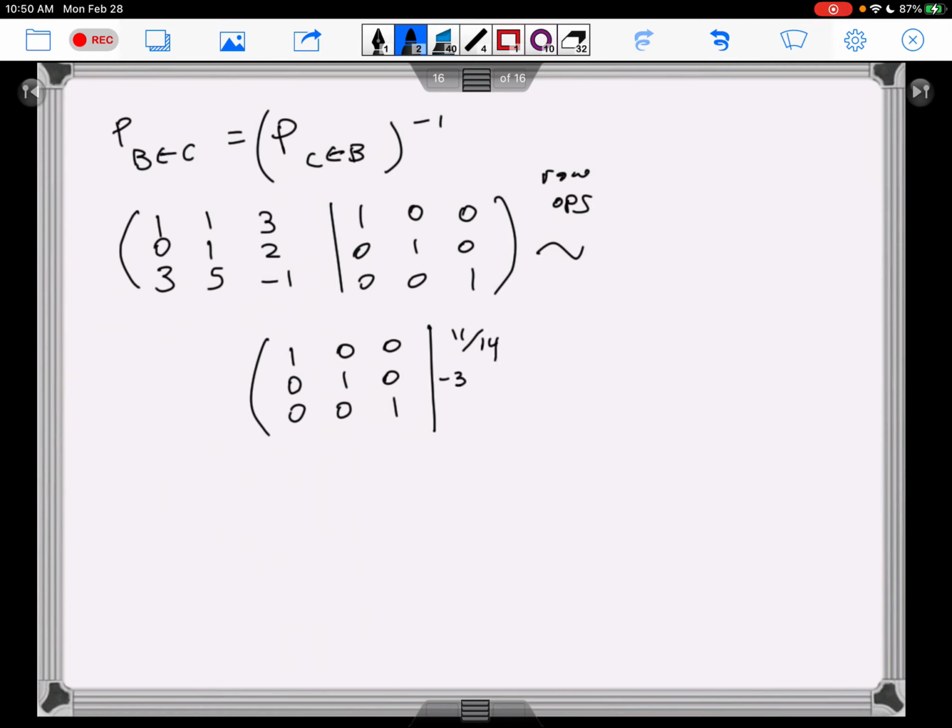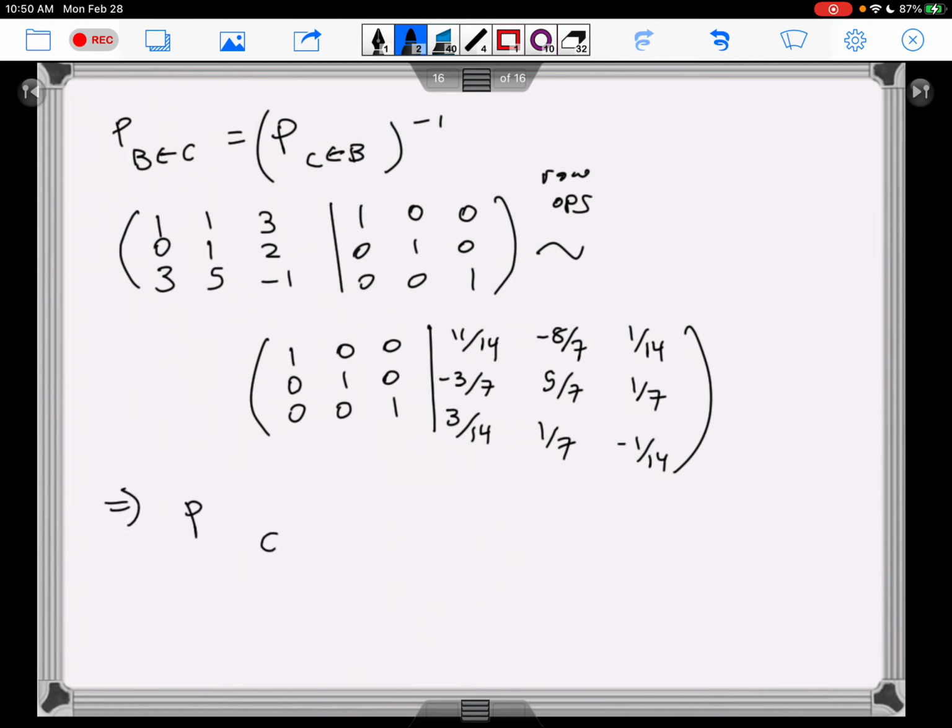11 over 14, negative 3 over 7, 3 over 14, negative 8 over 7, 5 over 7, 1 over 7, 1 over 14, 1 over 7, negative 1 over 14.